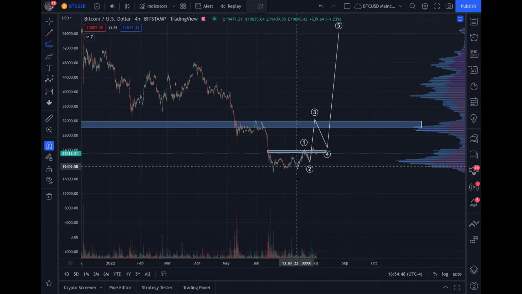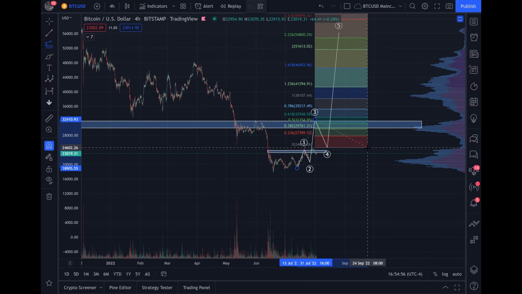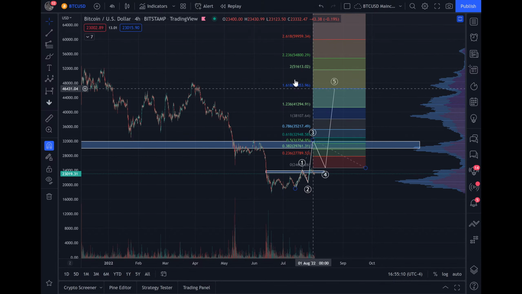You take the first three waves, wave 1 through 3, and the retracement of wave 4, and that should give you a target, most likely, of what you should anticipate at wave 5 at the 1.618. Again, it doesn't have to stop at the 1.618, it can come to the 2.236 or the 2.618, but the minimum extension for a leading diagonal is a 1.618.